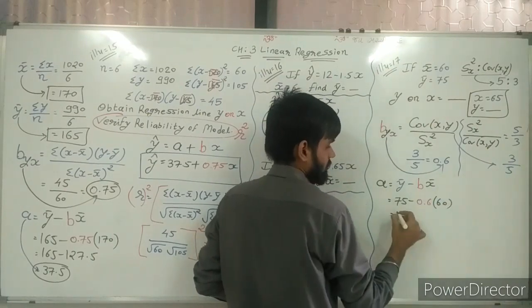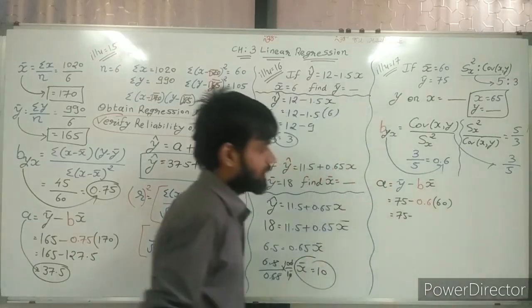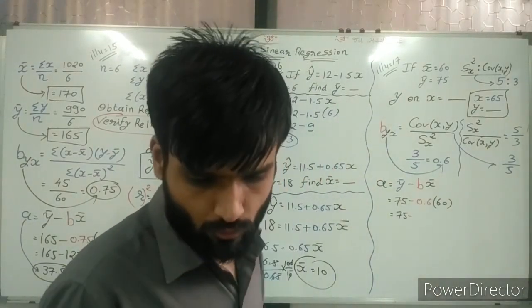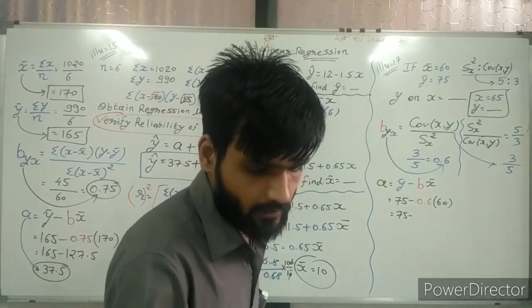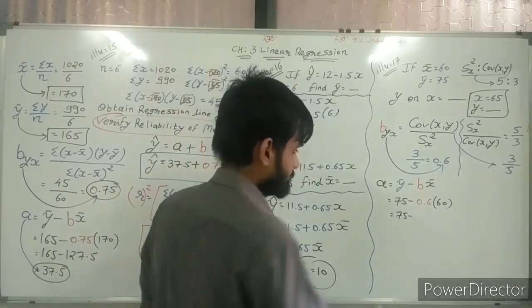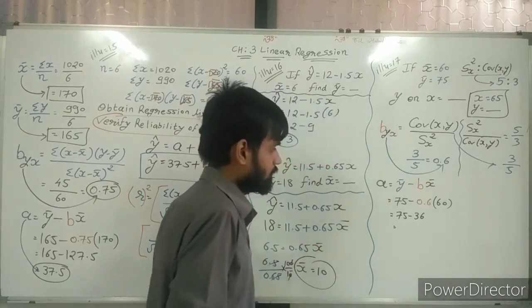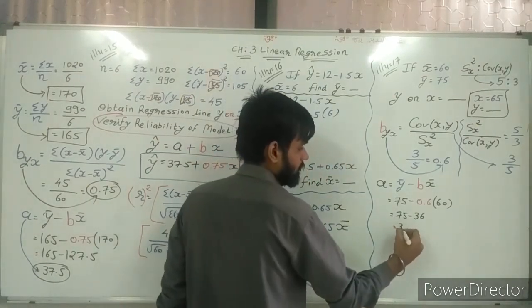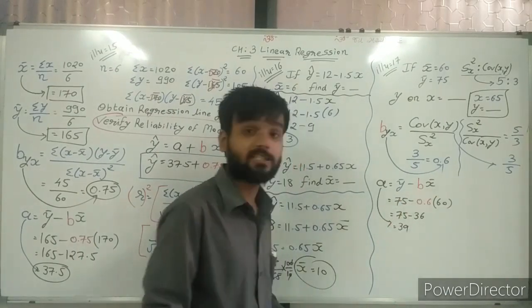So 75 minus 0.6 into 60. 0.6 into 6, you will get answer 36. Now 75 minus 36, you will get 39. A is equal to 39.